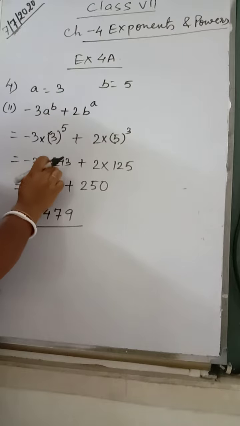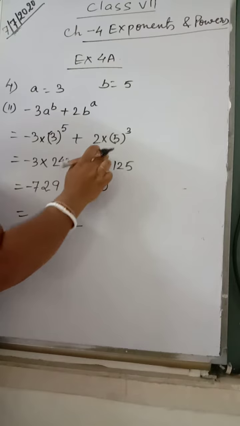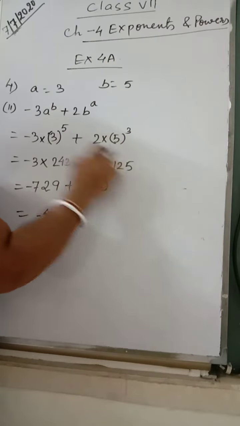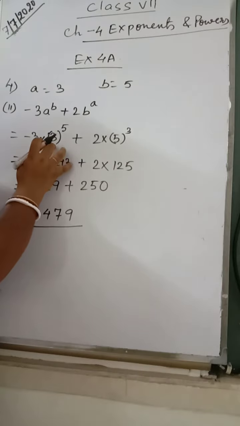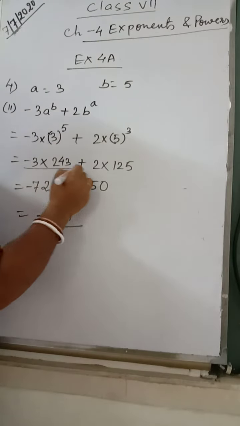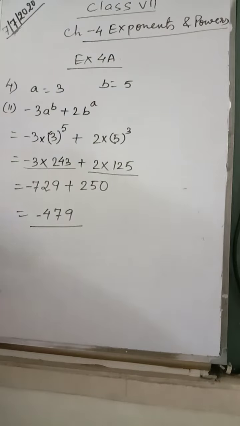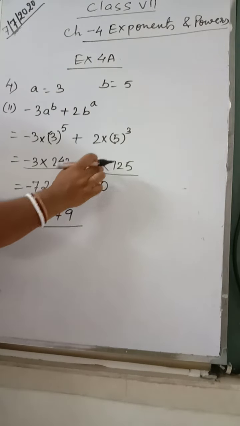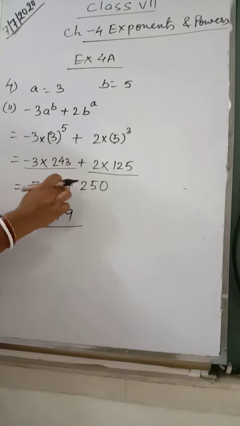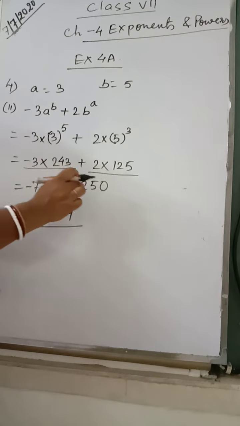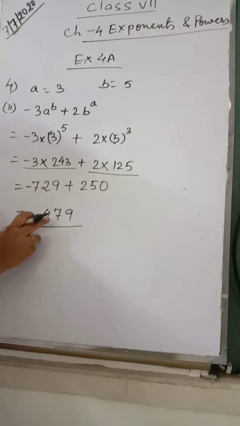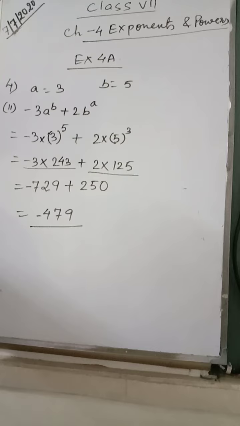Now 3 to the power 5 gives you 243, and 5 to the power 3 gives you 125. Now these are multiplied as you know, according to the BODMAS rule. So this gives you minus 729 and this gives you 250. Then one is a negative number, one is a positive number, so we have to subtract. So the answer will be minus 479. Okay, write it please.